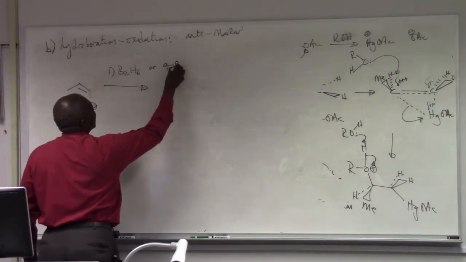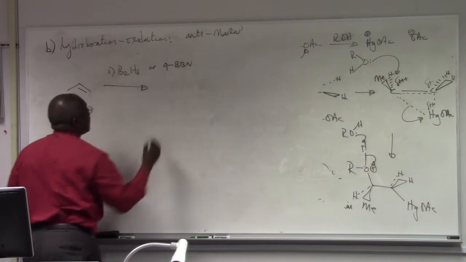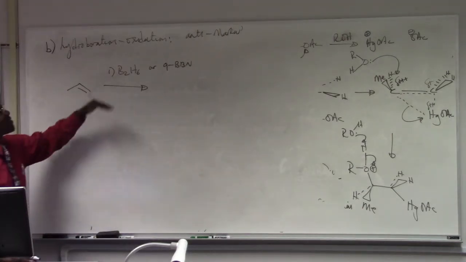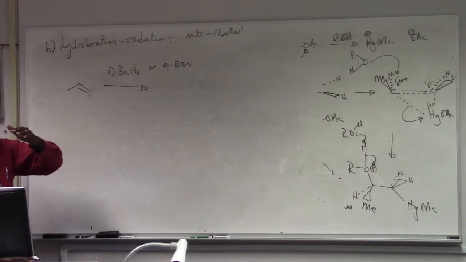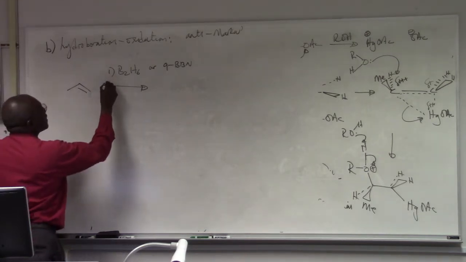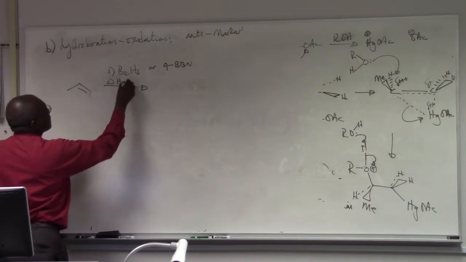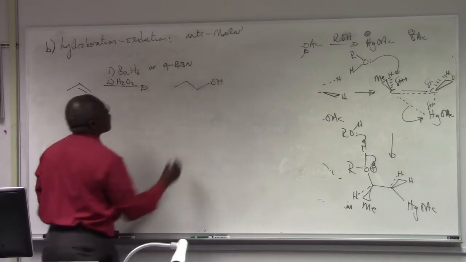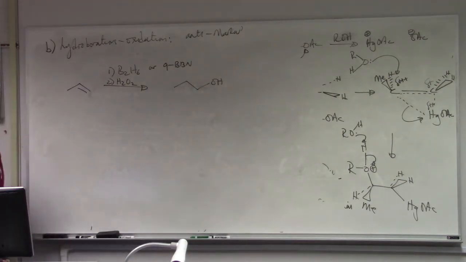There's a species called 9-BBN, which I'll show you in a second, which to me works a lot better. But in many texts, so in many of the exams that you'll see, they use B2H6, which is fine. And then we use hydrogen peroxide. And what that will give you is the anti-Markovnikov alcohol.